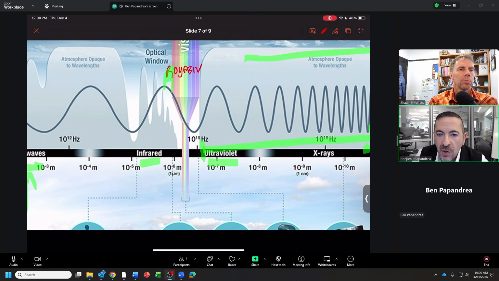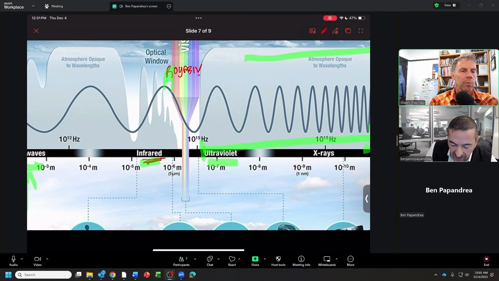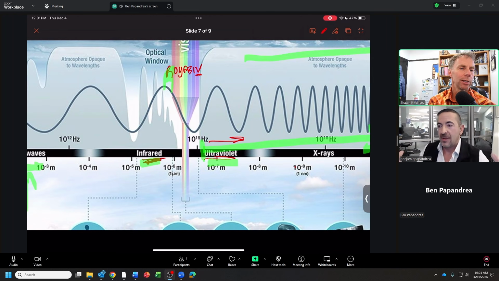Red, orange, yellow, green, blue, indigo, and violet. So what are the wavelengths that are close to red? Infrared. It means near red. So infrared we feel as heat. It's basically saying that those wavelengths are close to red. And then ultraviolet, it means beyond violet, after violet. Violet on steroids. Exactly, right? So that's what it all means.